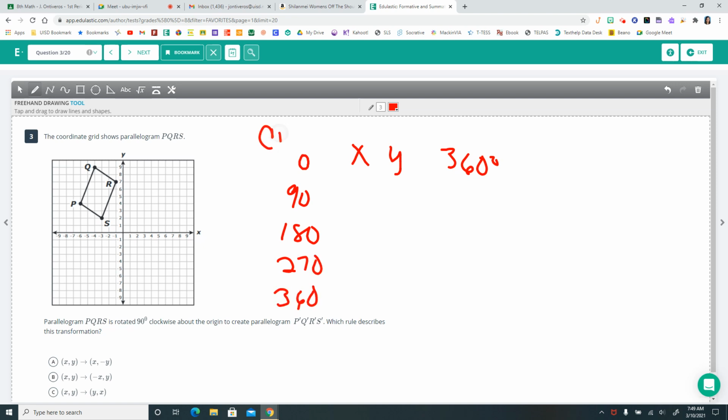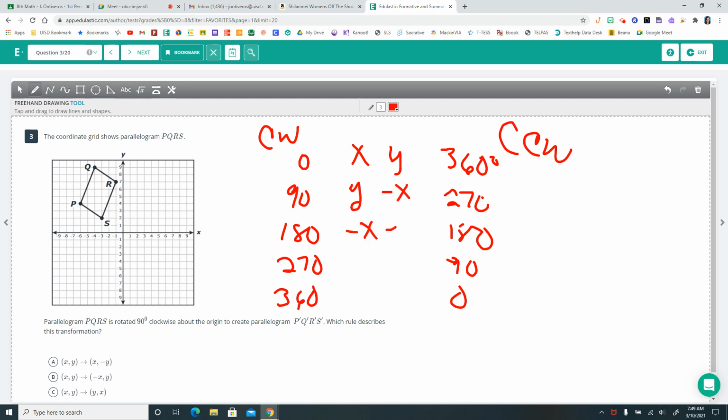And this is clockwise. This is counterclockwise: 270, 180, 90, and 0. So notice that you literally have to work yourself down and then read and choose your answer.